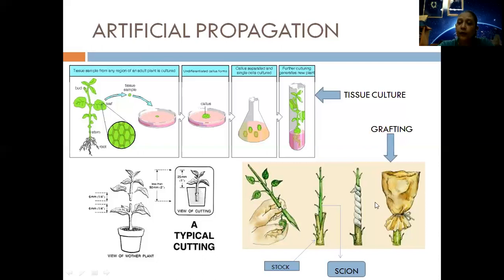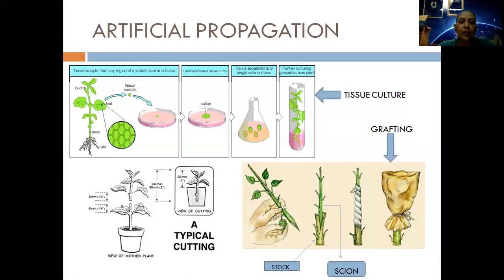Then you would find that a new plant has grown from where it has been joined, and the new buds that come out would be of a rose or a hibiscus, whatever plant you choose, according to the two colors that you have chosen. Okay, so this is a kind of artificial propagation that is done by man, artificially.